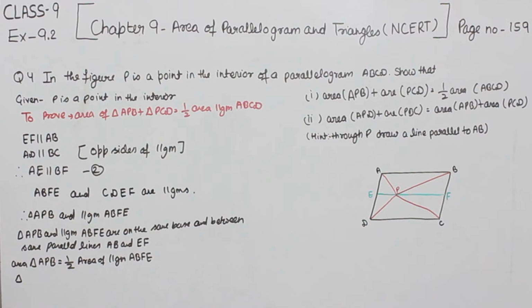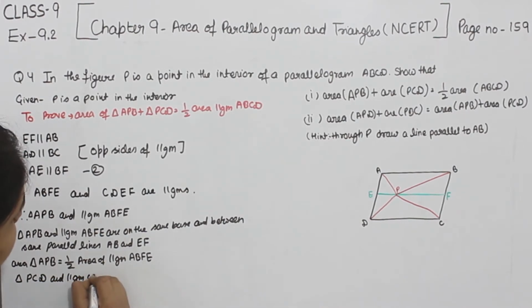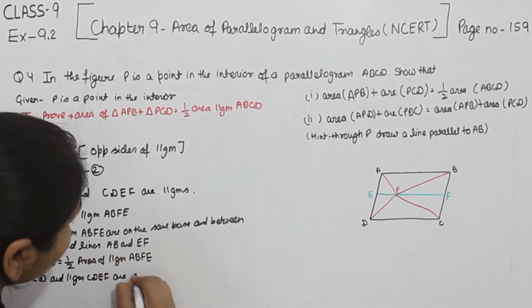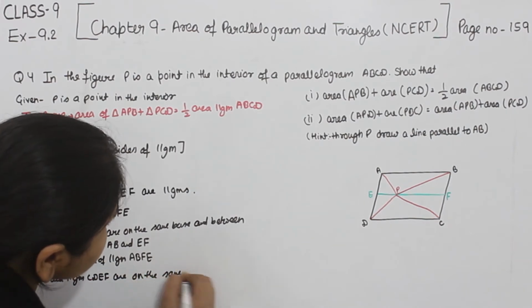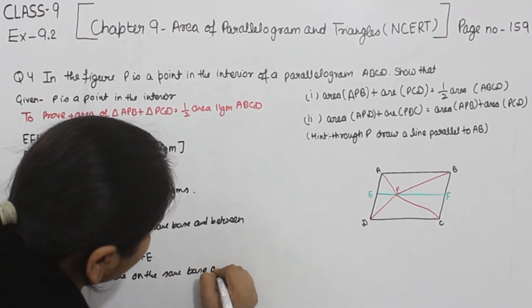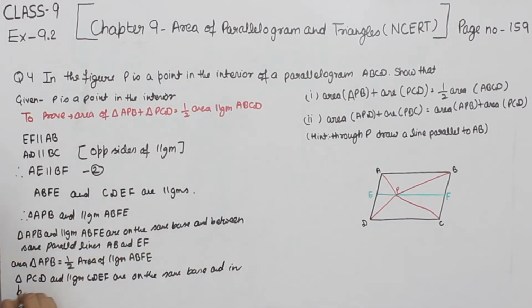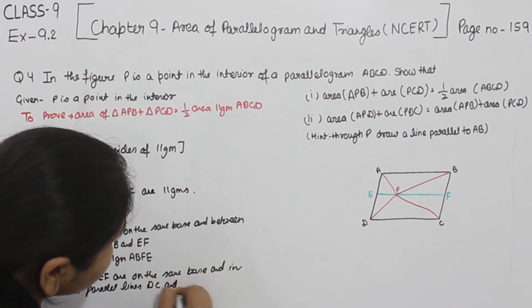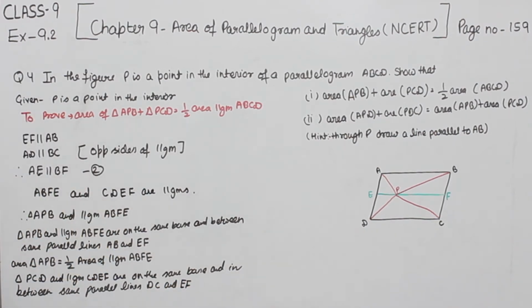Now I am going to take another triangle, the triangle PCD. The triangle PCD and parallelogram CDEF are on the same base and between the same parallel lines CD and EF.